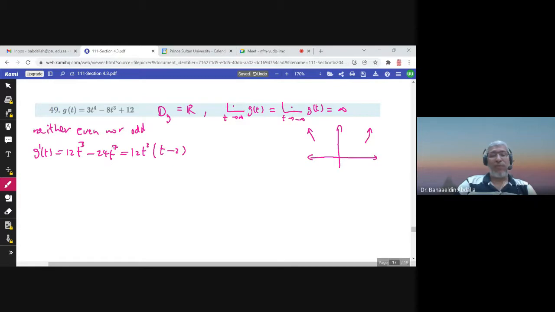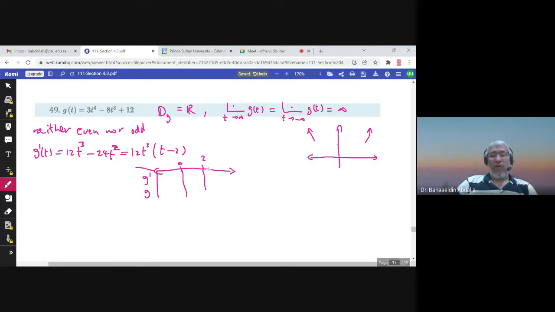Okay, this is squared. So I have 0 and 2, the zeros of g prime. And notice that 0 is a zero of multiplicity 2, while 2 is a zero of multiplicity 1.